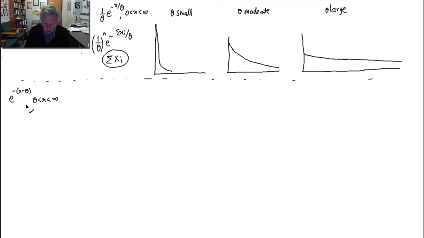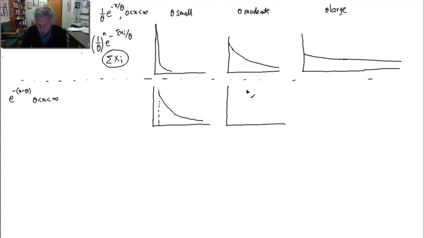So when I graph this, if I graph it for theta small, I've got a small cutoff here. And then I just have the function e to the minus x, which is an exponential with a mean of 1. And then when I come over here and I look at it for moderate values of theta, so theta's a bit bigger, it's a moderate value.